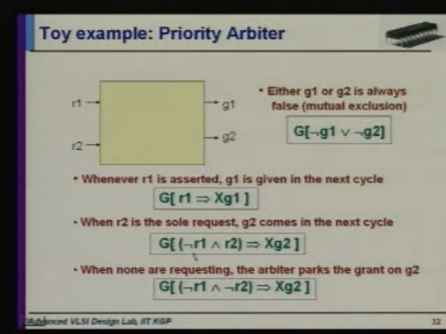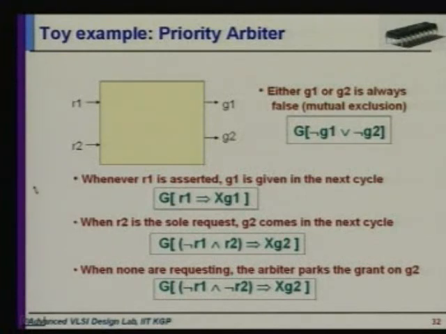Always, if I have not R1 and R2, which means that R2 is the sole request, then G2 comes in the next cycle. And the final requirement is when none of the requests are high, that is when not R1 and not R2, then in the next cycle we should have G2, which means that the grant will be parked on G2. The default grant should be G2, right.